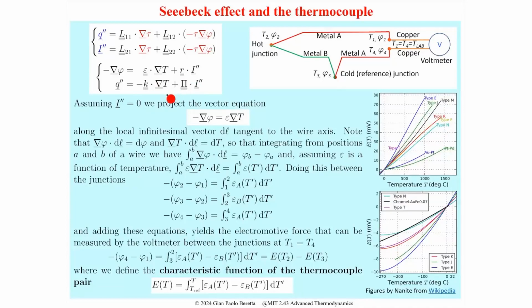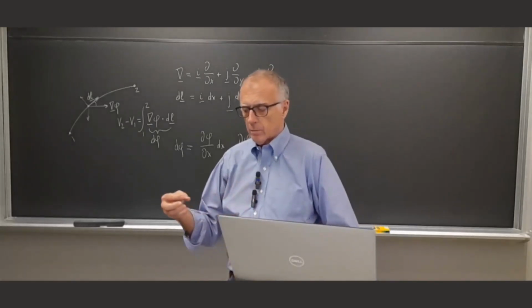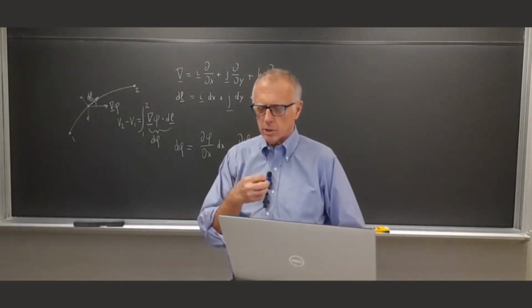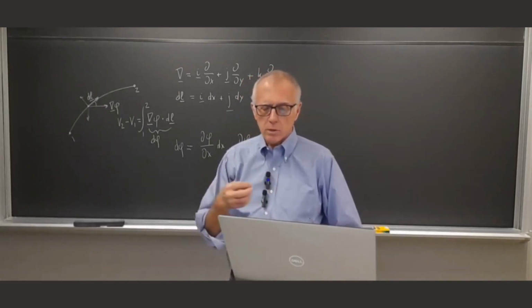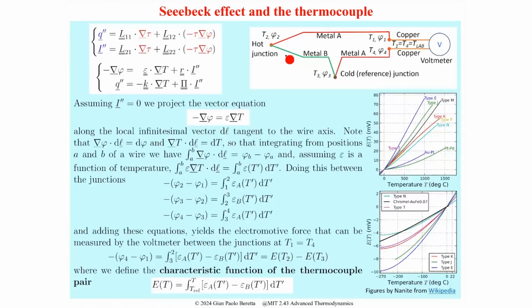So it moves heat for two reasons. One is the gradient in temperature along the wire, and the other is the electrical current that, how do you say, carries with it some heat. That's the Peltier effect, which is this proportionality here.